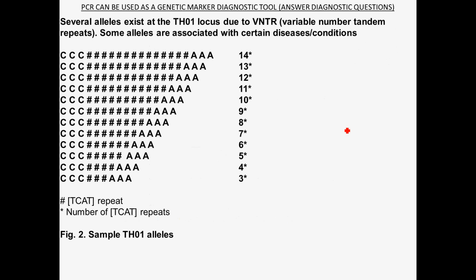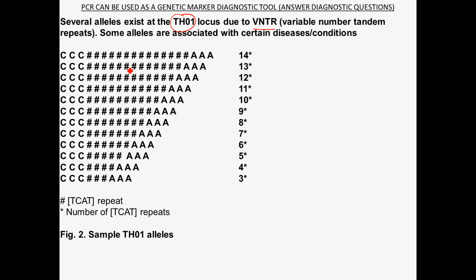Lastly, PCR can be used as a genetic marker or diagnostic tool to answer whether or not you have an allele associated with a disease or a condition. We've established already that at the TH01 locus there are several different alleles, and those alleles are due to variable number tandem repeats.